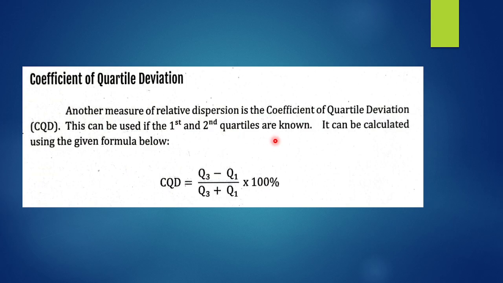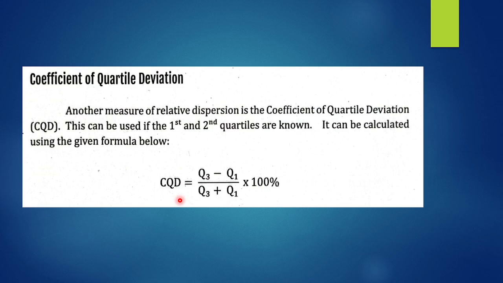It can be calculated using the given formula. CQD is equal to Q3, or the third quartile, minus Q1, all over Q3 plus Q1, and then the quotient should be multiplied by 100%. So that would be our CQD.